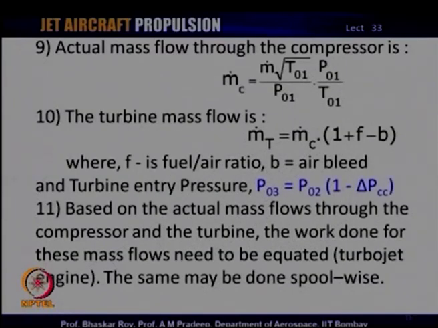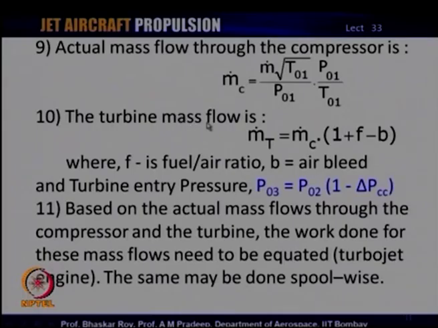Now, if we proceed with our matching steps, the actual mass flow through the engine at any given instant can be written in terms of m dot c, the flow through the compressor, corrected for the actual operating P 01 and T 01 from the normalized value.